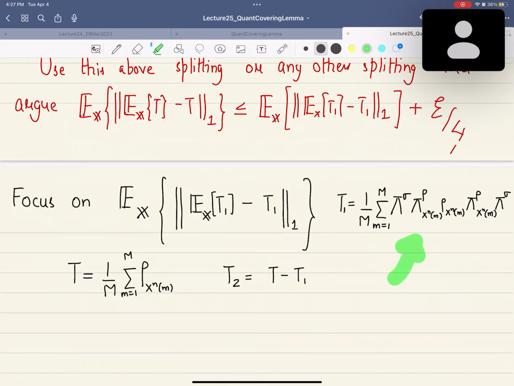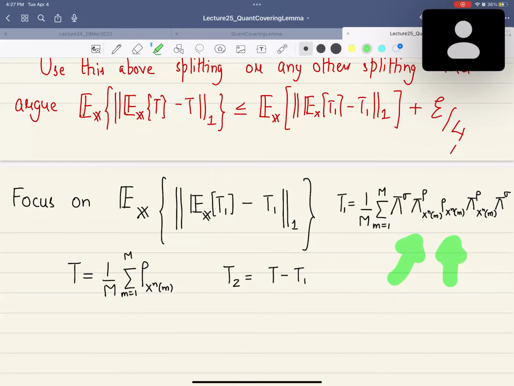The pi xn rho chops off the non-typical subspace. But the pi sigma doesn't commute with it, so pi sigma cuts off at some other weird angle. So this guy is some weird object, a kind of mutilated density operator.